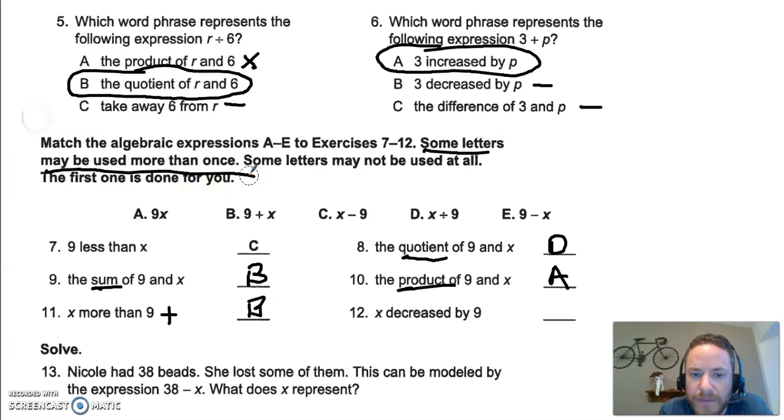Number 12, x decreased by 9. This means that we have x, and that for some reason we had to decrease that by 9. That means subtract, and that is not one where we switch the order. X, the bigger number, is being decreased by 9. So that is C. Okay, let's move on.